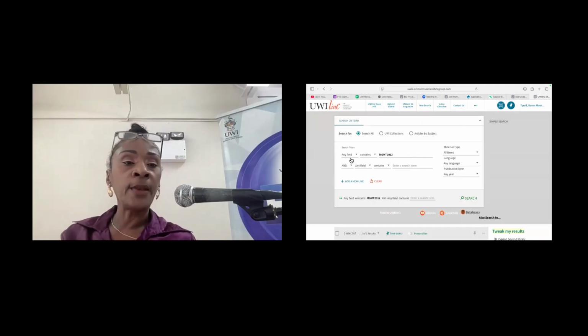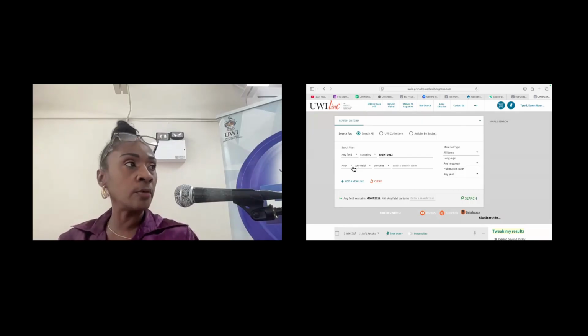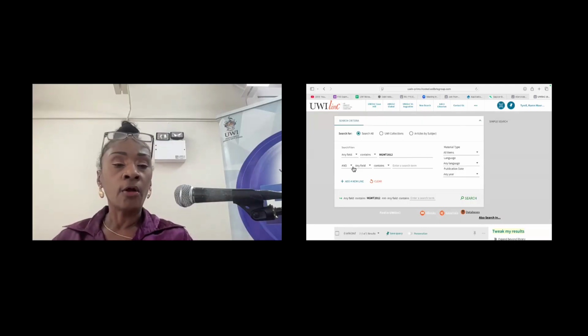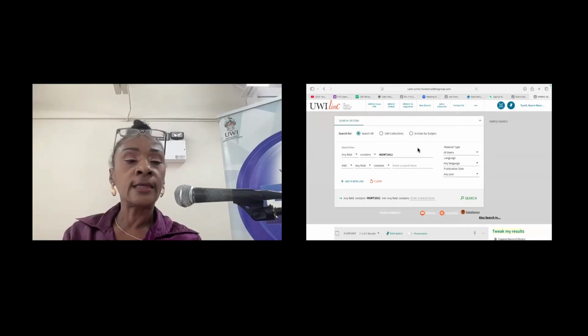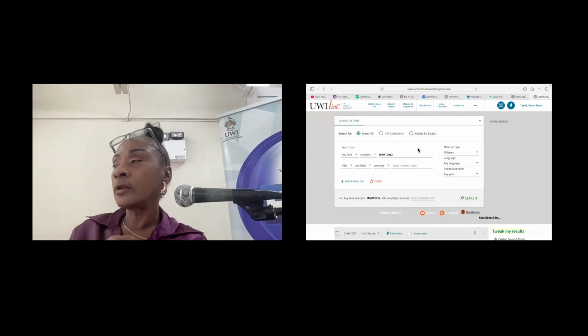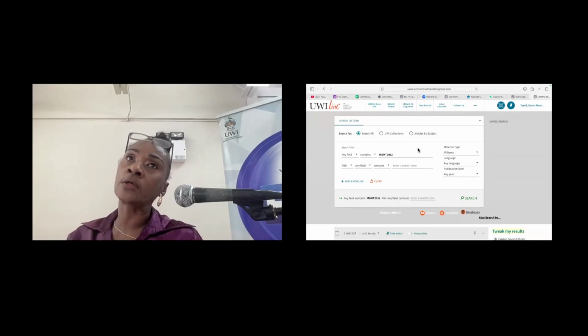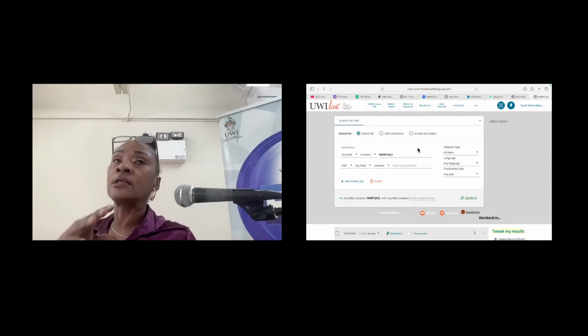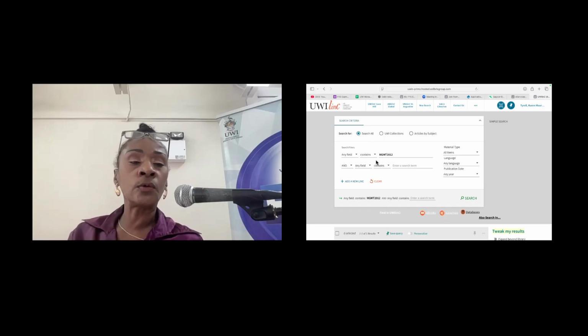The AND will narrow your search as you add terms together. The NOT lets you omit a specific term, and the OR means it's either/or. You use those Boolean operators between your search terms.